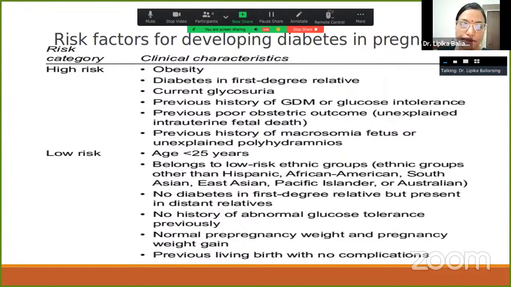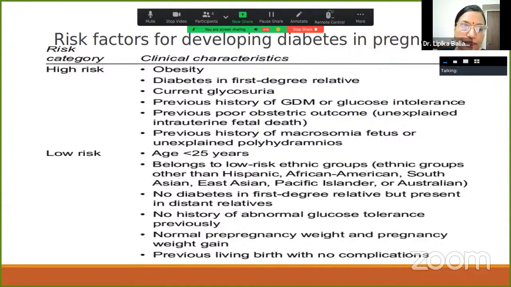It is most commonly when IUFT is present that it is due to a GDM state in the previous pregnancy. A previous history of macrosomia or unexplained polyhydramnios also points towards the predilection of the patient towards developing GDM or having a diabetes mellitus state.